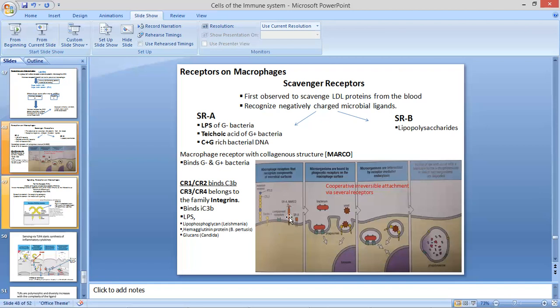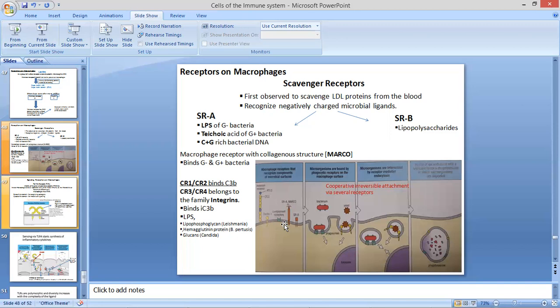One of the functions of these receptors, just like the scavenger receptor A, is to keep the pathogen at a distance from the surface of the macrophage, which would help with good recognition of that particular pathogen, so that it is recognized in a better way.